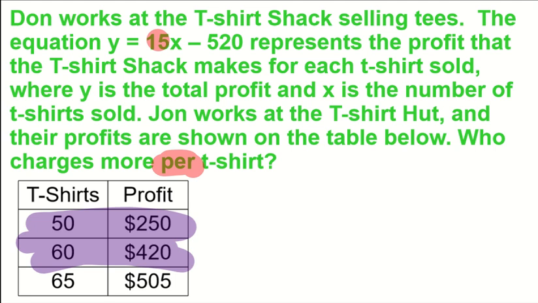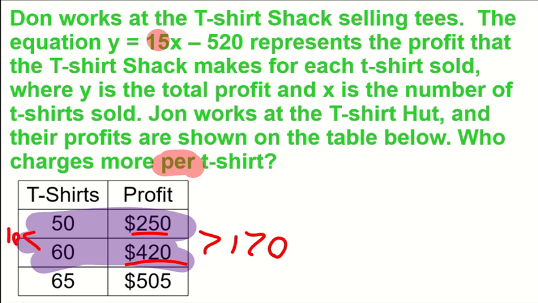But if you're just finding slope, all you have to do is take the second y value and subtract the first y value. So 420 minus 250 gave us 170. And divide by your change in x, which we get the same way, subtracting the first one from the second one.